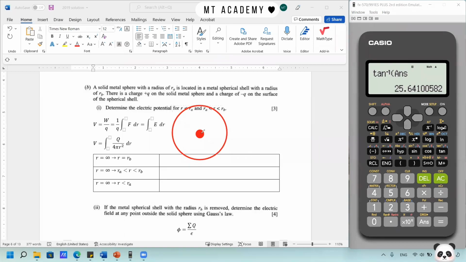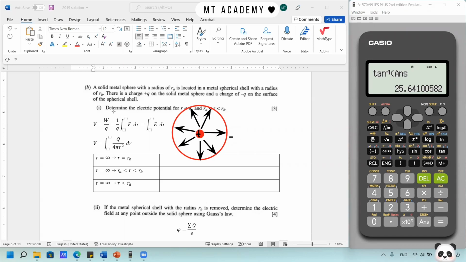I think this is quite obvious. We didn't learn this in the textbook, but we can do some analysis that positive and negative are attracted to one another. So an electric field will be produced in between the metal sphere and the spherical shell. This is what we have.